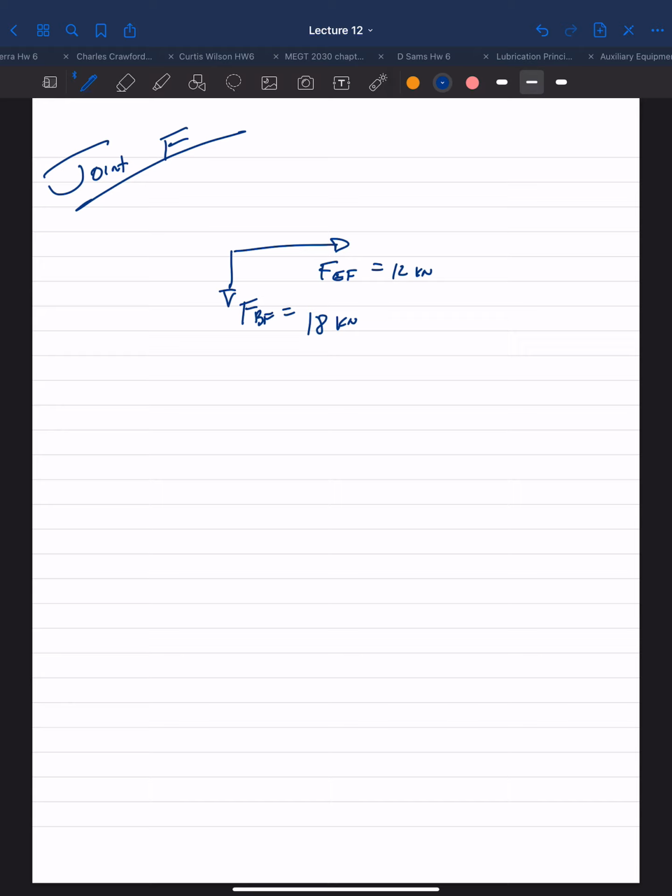You have your FAF, and this is similar to the slope triangle on the other side of the truss. 1, 2, square root of 5. And you have your FFG. Once again, 2 knowns, 2 unknowns. So we can solve it.